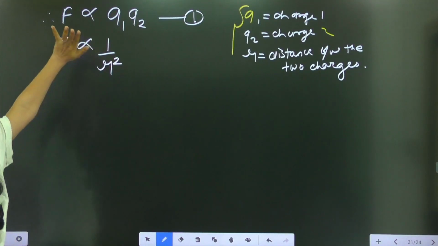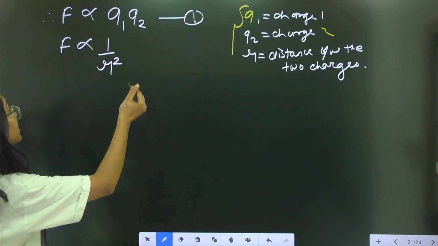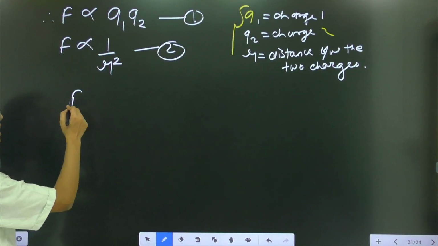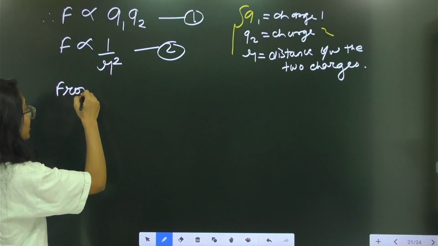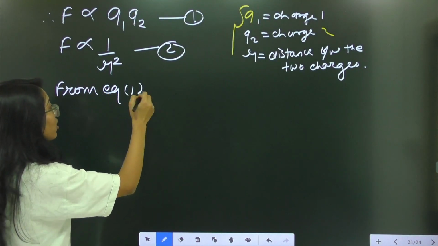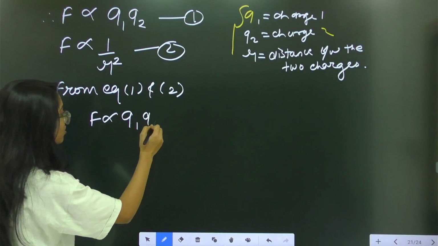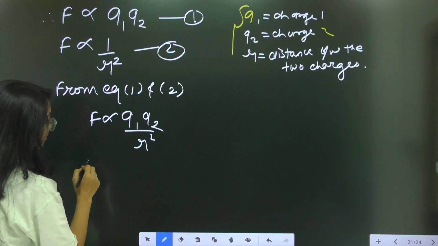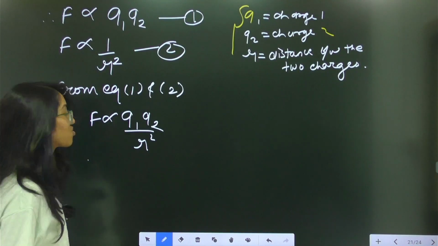So F is proportional to the product of the charges, Q1 Q2, and inversely proportional to the square of the distance between them. So what do we get? From equations 1 and 2, F is proportional to Q1 Q2 divided by R square. If we remove the proportionality sign, we must put a constant, right?